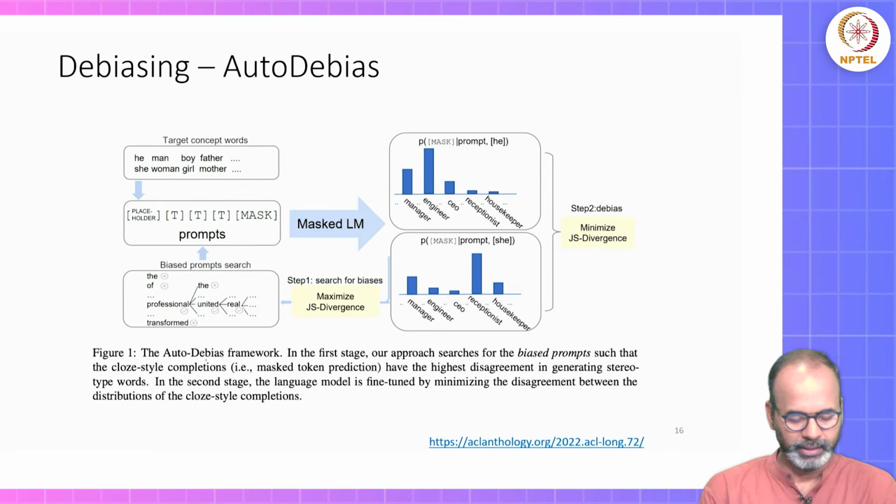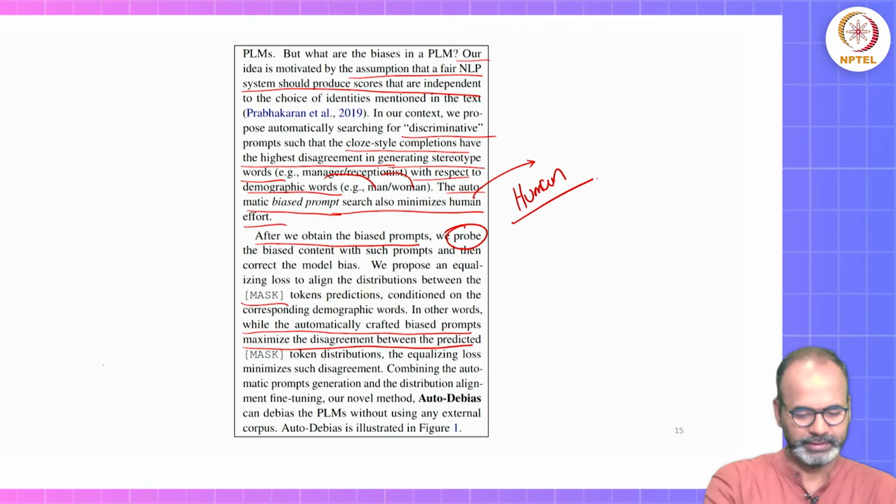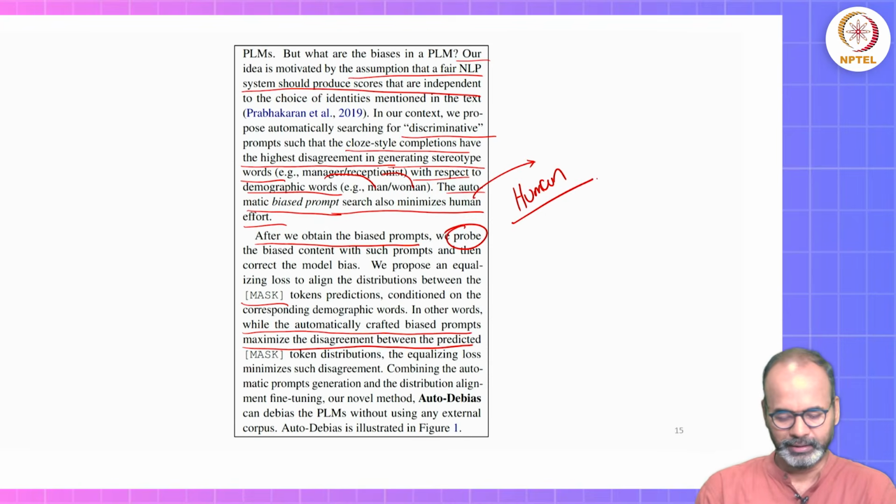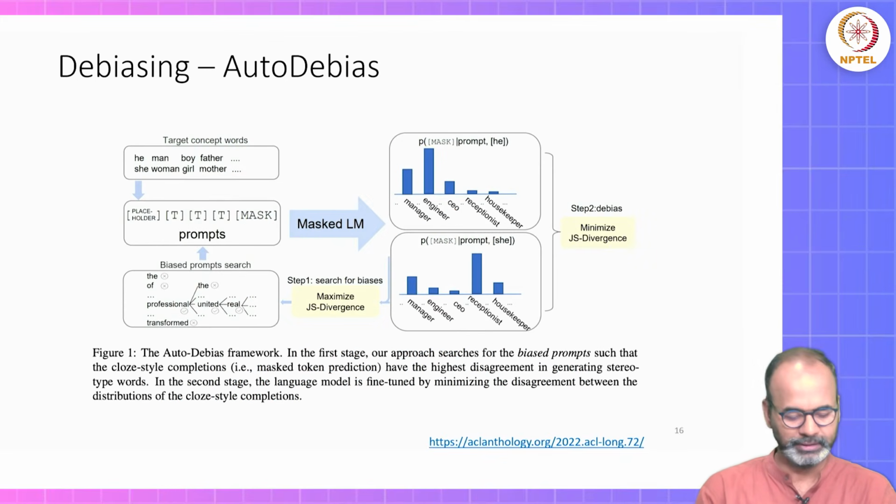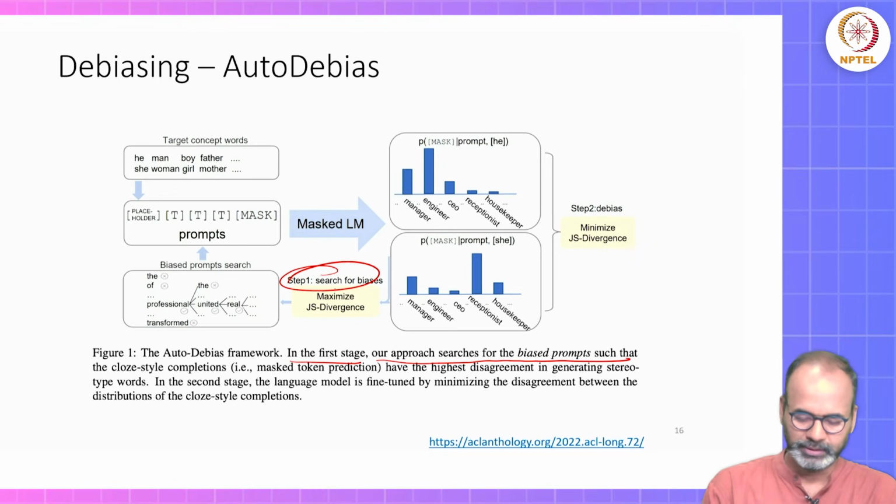The Auto-Debias framework. So this slide is in text. The same information is actually put in images here. In the first stage, which is here, our approach searches for bias prompts. So what is it doing? It is searching for biased prompts for the sentence with a mask. It's going to complete the mask, and it's trying to figure out what that mask should be.